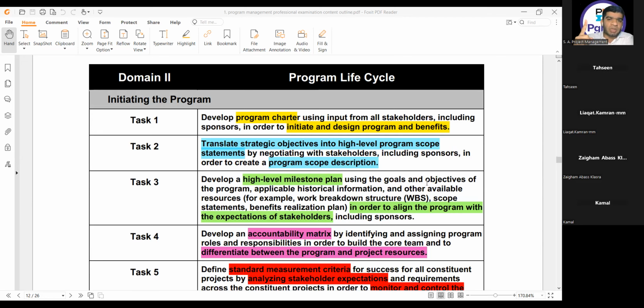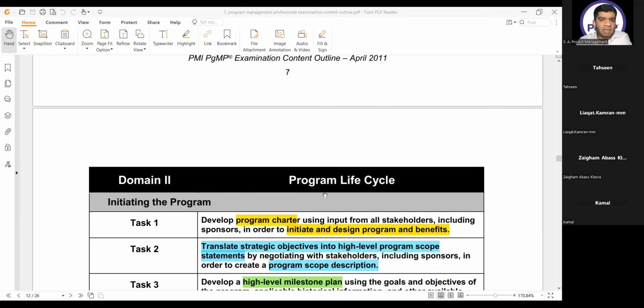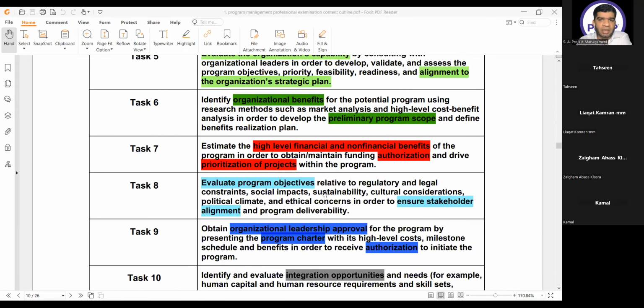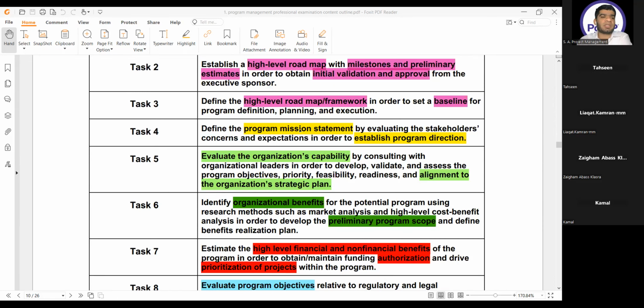When you get goals and objectives, strategic objectives, this is same wording, it means the output will be some high level document, high level and high level. Now we have to see, if we are talking about the scope description, it will be scope statement. If he is talking about only the expectations or alignment with the program stakeholder, answer will be the milestone plan. If he is asking you about the program direction, then the answer will be the mission statement.